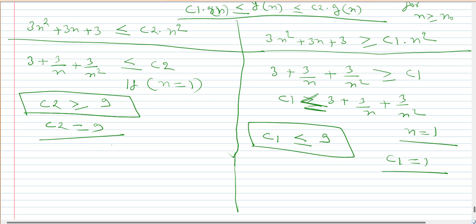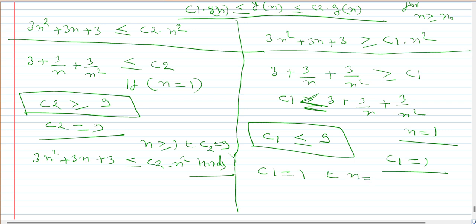So I can say that for all n greater than or equal to 1 and C2 equal to 9, this inequality holds. And here for C1 equal to 1 and n equal to 1, this inequality holds.